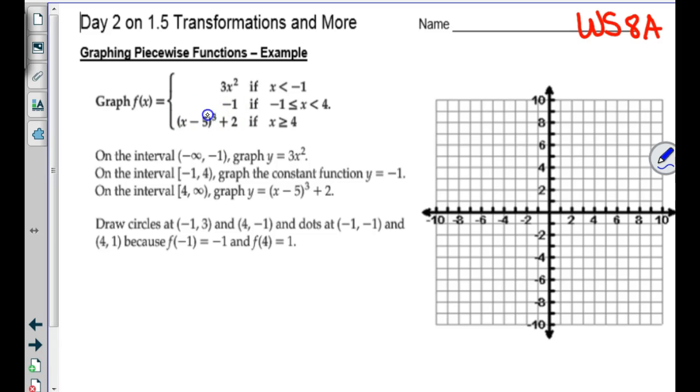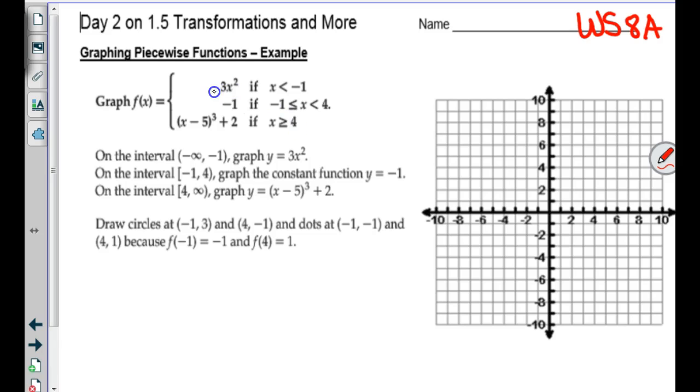And x minus 5 cubed plus 2 is a cubic function. Now, we could graph each of these independently on the calculator and find some values, but we're going to have to change rules at different places, yes? At negative 1 and at positive 4.